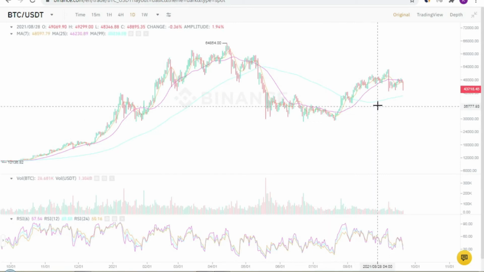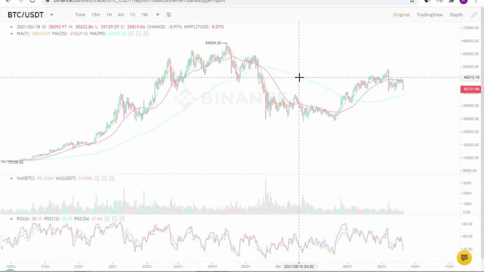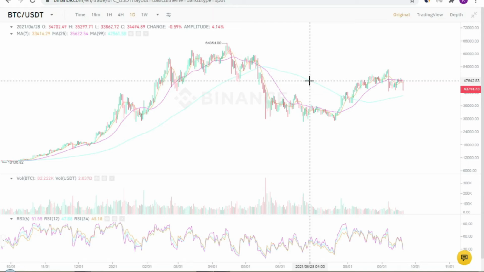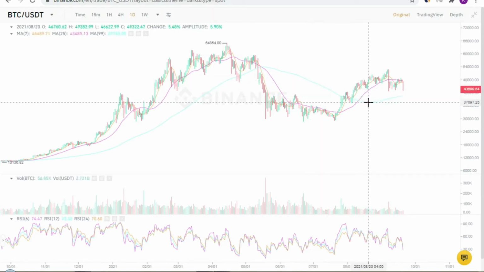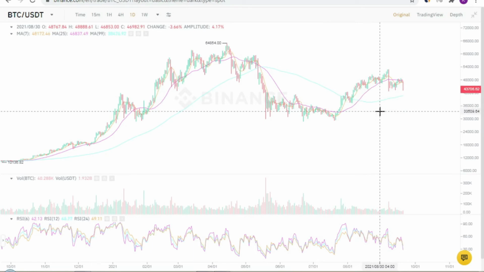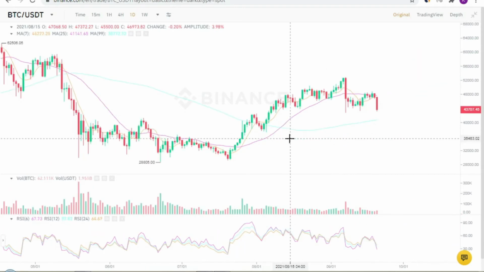Now, when the 50-day moving average crosses the 200-day moving average from above, it is called a death cross. Never forget this. When the 50-day moving average crosses the 200-day moving average from below, it is called a golden cross.